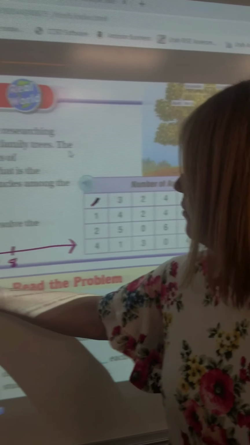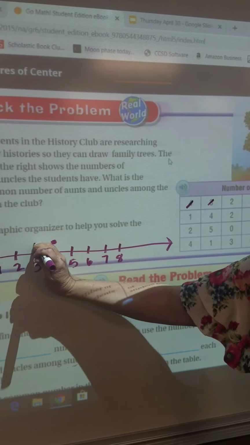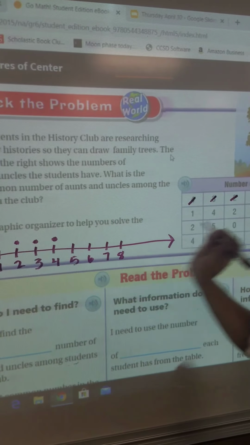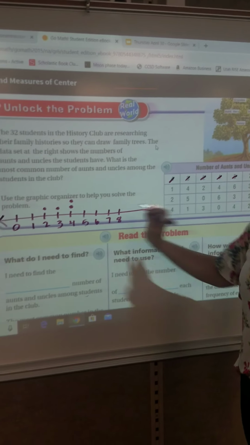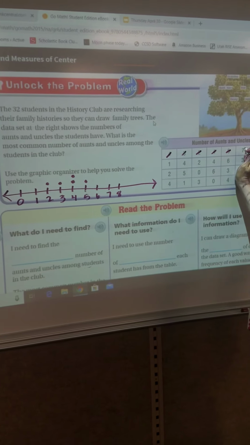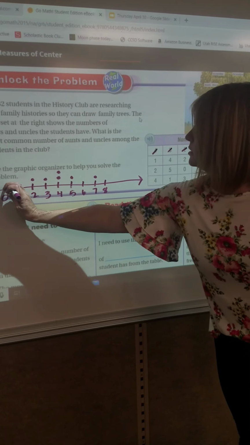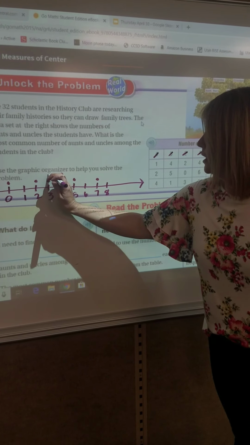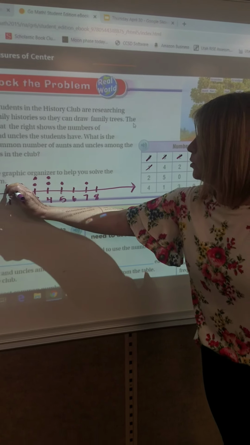Okay, so we have a 4. Remember, I like to cross it off so that I know I've already done it. Another way you could do it, boys and girls, is you could just go through and count, like, how many ones do I have?